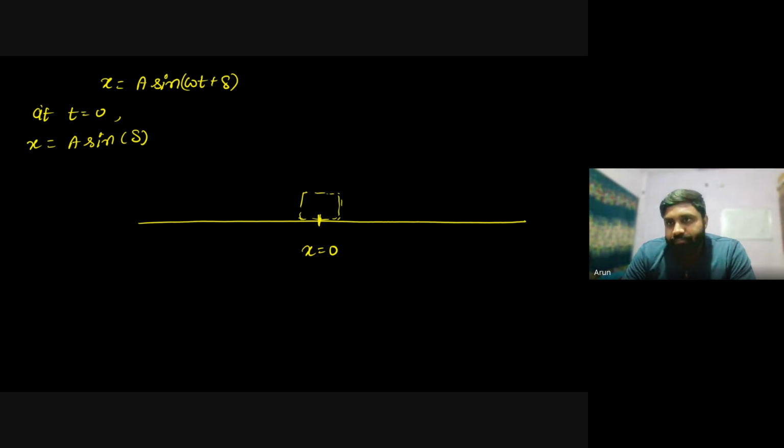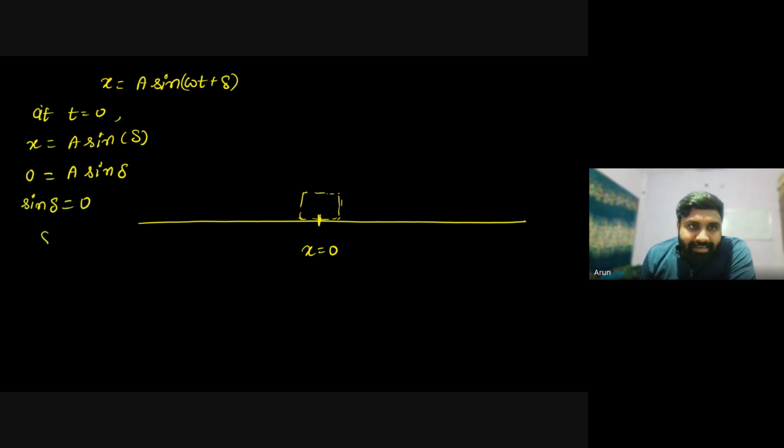Now, let's say at time t equals 0 the body is at x equals 0. So x equals 0 equals a sine delta. A is constant, so it cannot be 0. So sine delta will be 0, so delta will be 0 degrees.